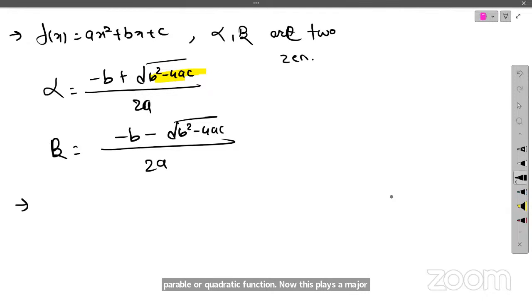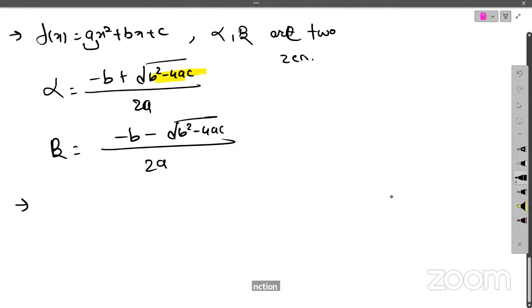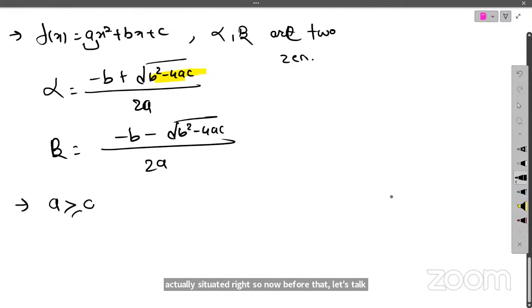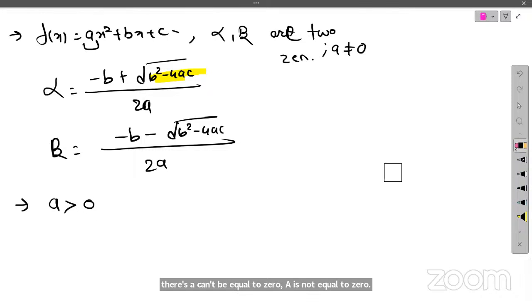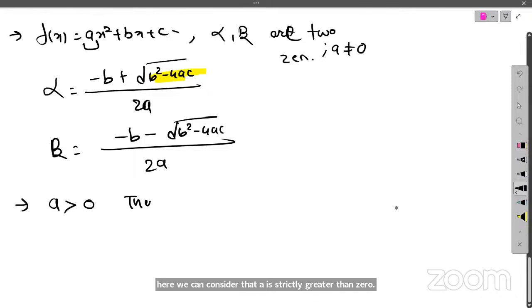Before that, let's talk about this a. If a parabola is given to you and the sign of a is positive, obviously it's a quadratic equation, so a can't be equal to 0. Here we can consider that a is strictly greater than 0. Then we know it's an upward facing parabola.